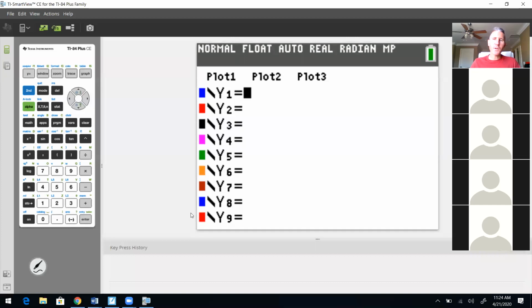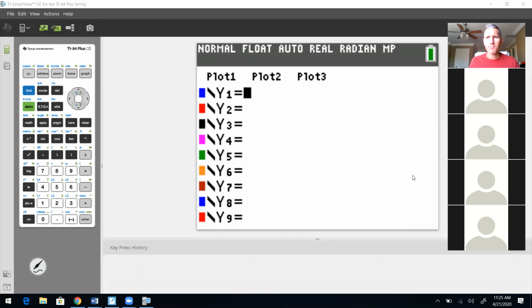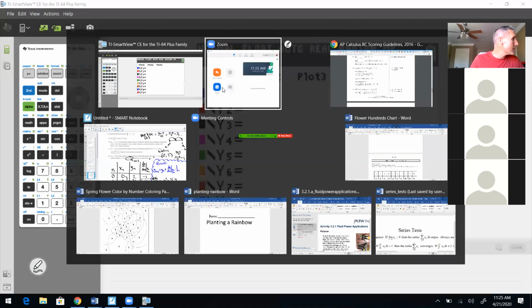So this is what I did, to make it a little bit easier, especially if you have to do a whole bunch of different iterations. Under y sub 1, I plug in my differential equation.